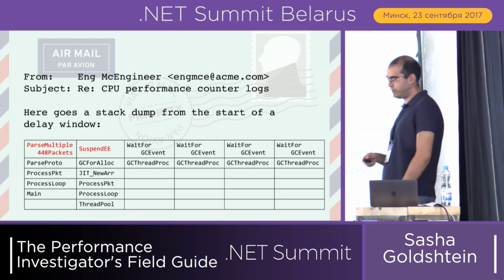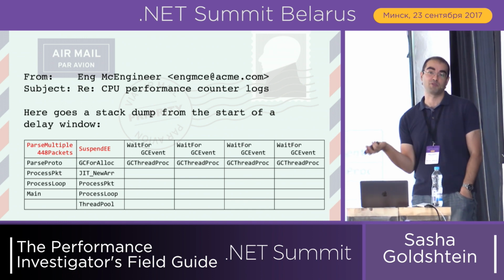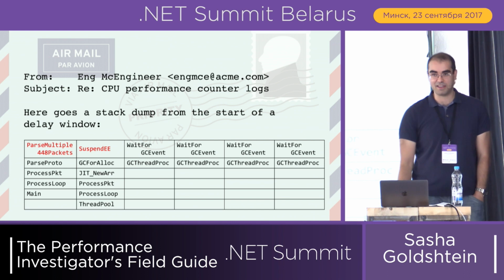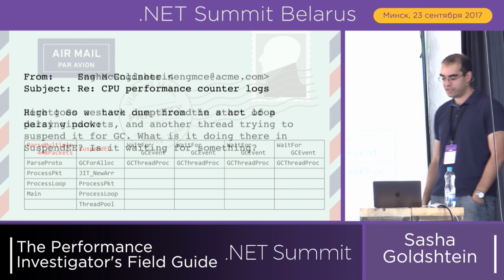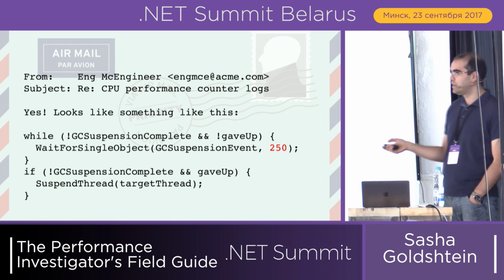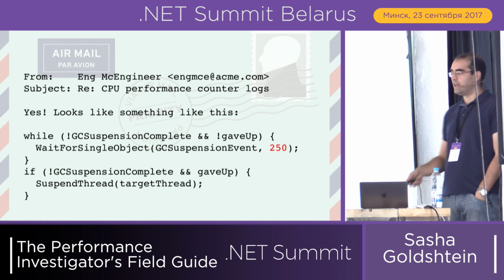And we did disassemble a little of the GC code. Today it's open source, so we could have looked up on GitHub what it's doing. Back then, again, it wasn't open source. So we disassembled a little, and we found this is what the suspension code basically looks like.